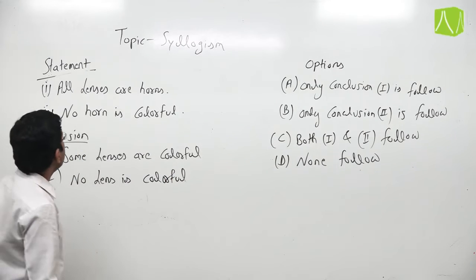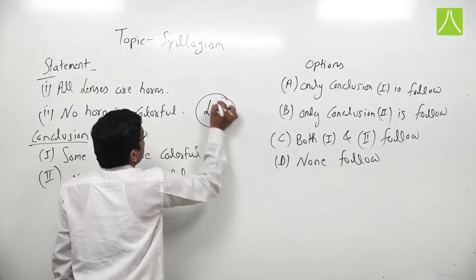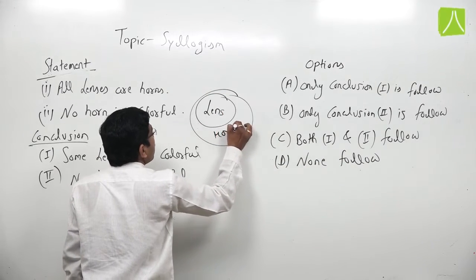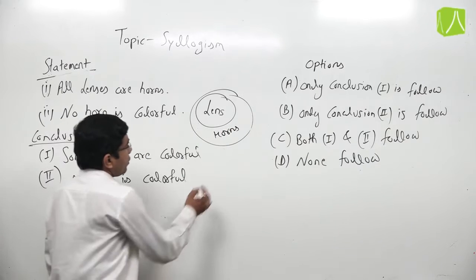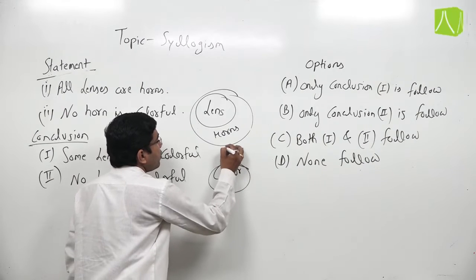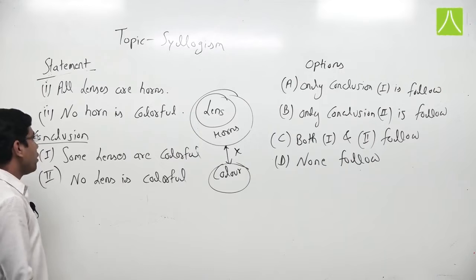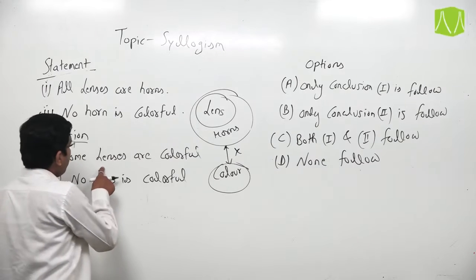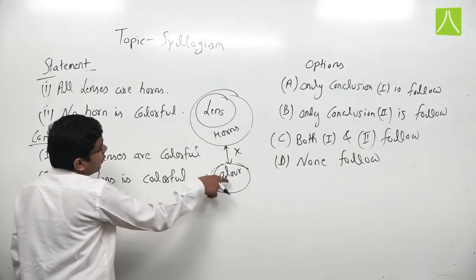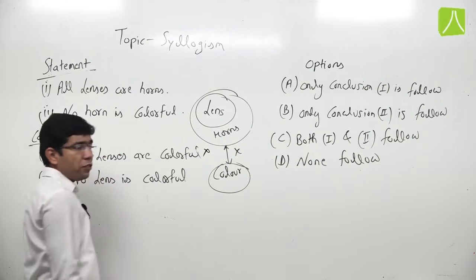Now first we draw the basic diagram. All lenses are horns, and no horn is colorful. There is no relation between horn and colorful. Now the first conclusion, some lenses are colorful. We can say that lenses and colorful cannot connect, so the first conclusion is wrong.